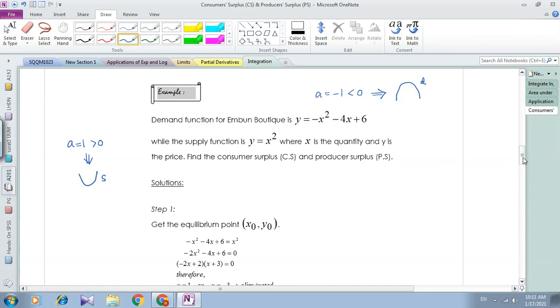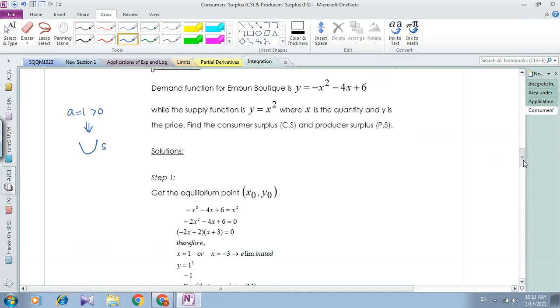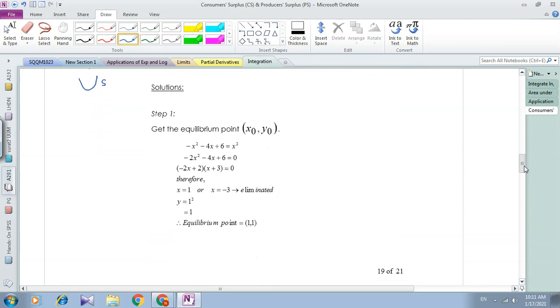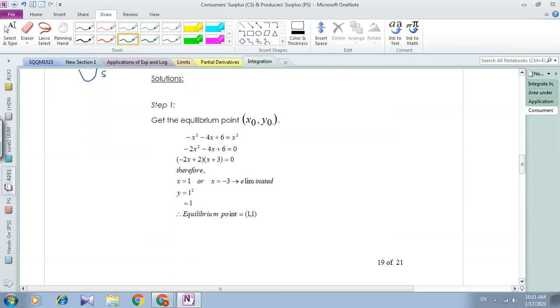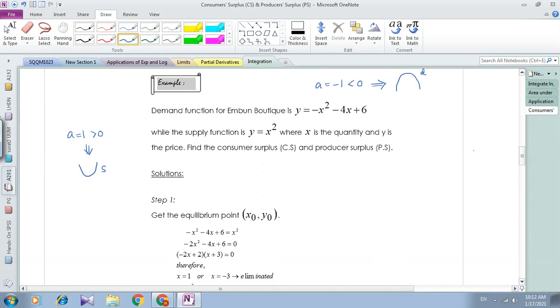Before you can calculate the two things, you must find the equilibrium point first. In order to find the equilibrium point, we need to solve the equations simultaneously. As you can see, we equate the demand function with the supply function because both are y.